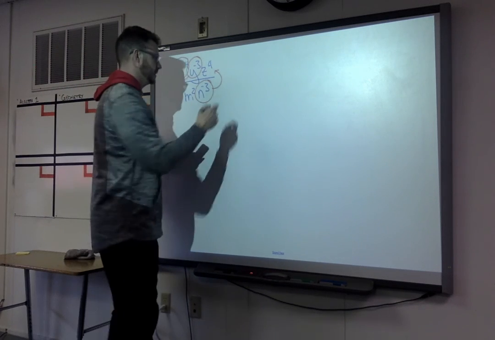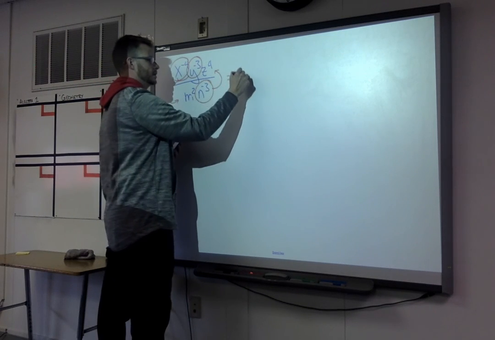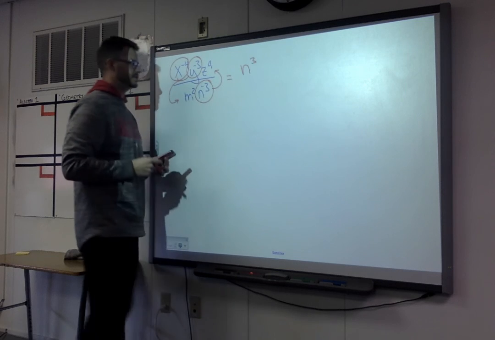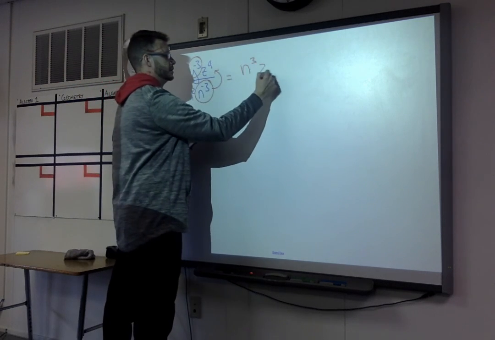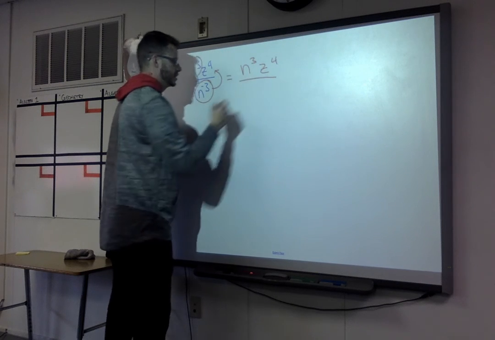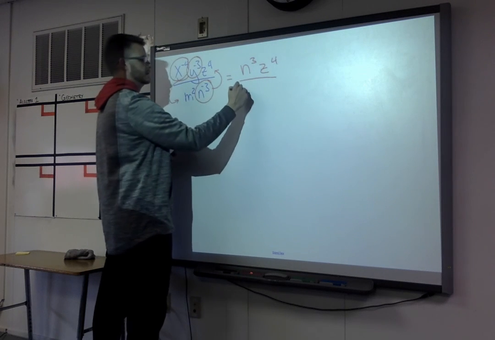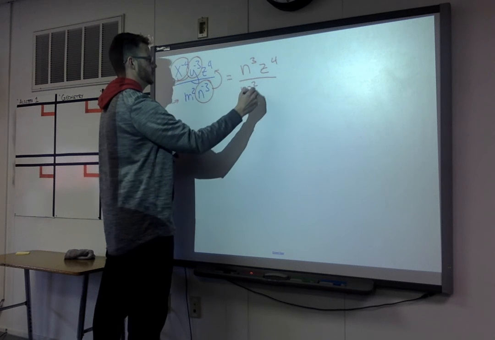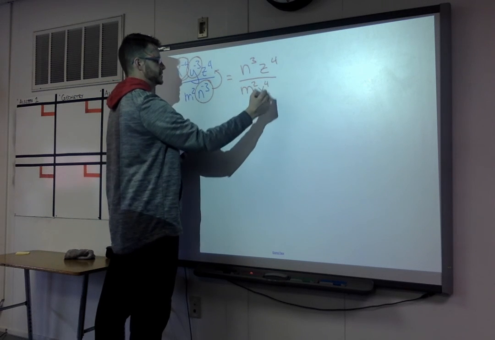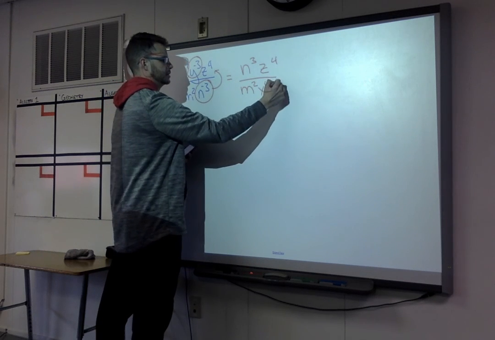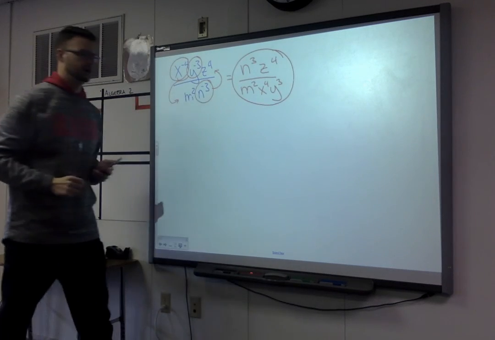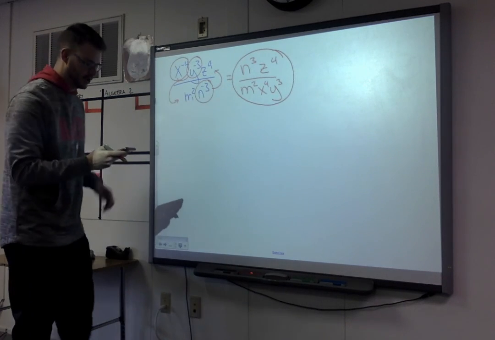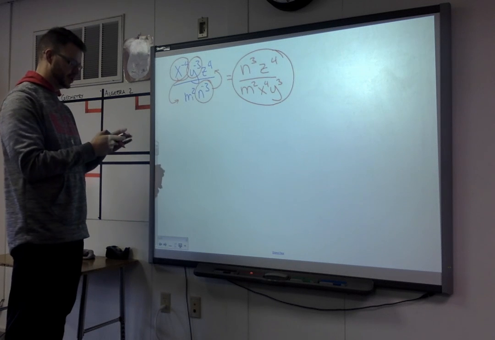So this would then become n cubed. Remember, when you move it to the numerator, it becomes positive, times z to the 4th over m squared times x to the 4th times y cubed. And that would be our answer. We can't simplify it anymore because each base only shows up once.